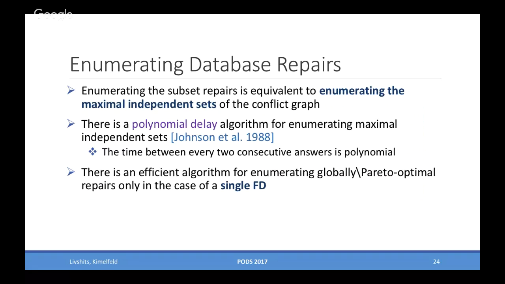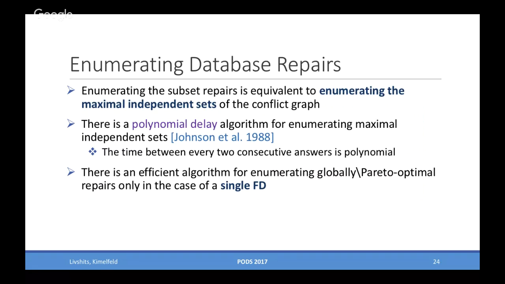Okay, and as Nofar mentioned before, there is an existing algorithm for enumerating the maximal independent sets of a given graph with polynomial delay, right? When the time between two consecutive answers is polynomial in the size of the input. So this problem is basically solved.